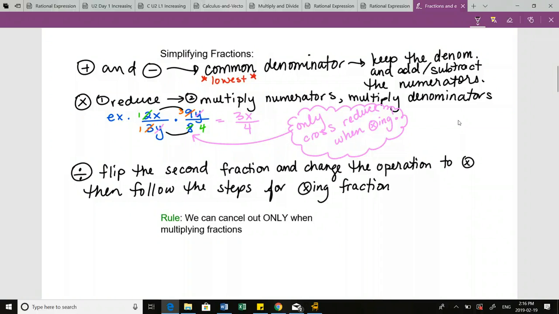Okay, and then we'll do exactly what we did up here once we have an expression where it's being multiplied instead of a fraction divided by another fraction.